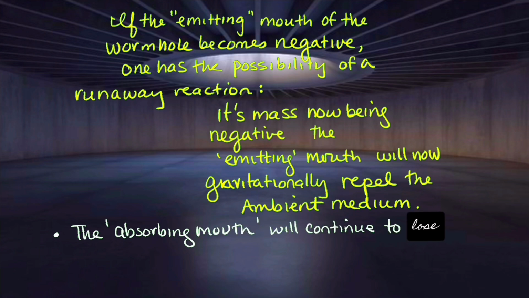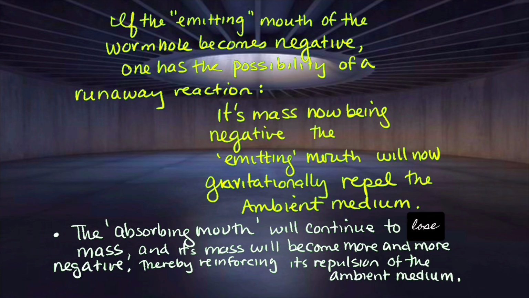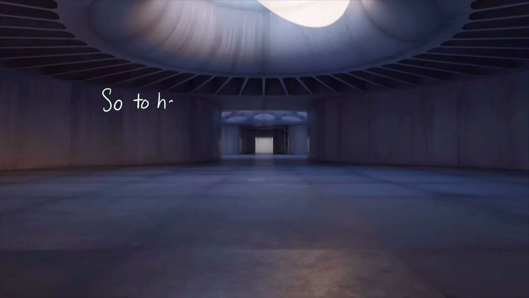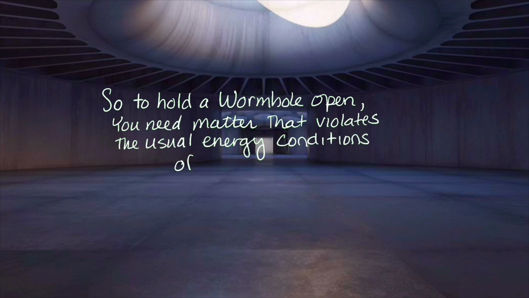The absorbing mouth will continue to lose mass, and its mass will become more and more negative, thereby reinforcing its repulsion of the ambient medium. So in order to hold a wormhole open, you need matter that violates the usual energy conditions of general relativity.